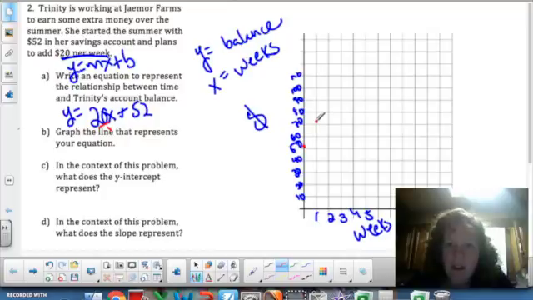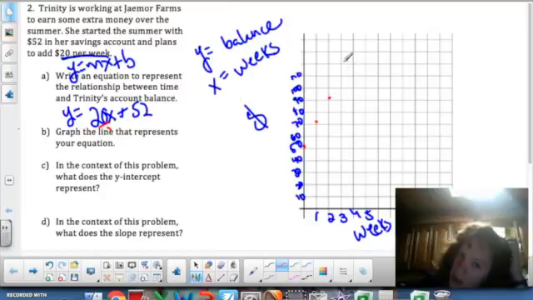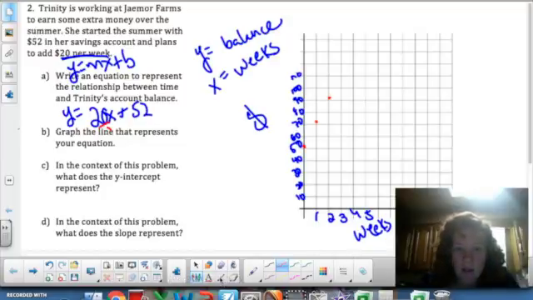If I do another point with my slope, I'm rising 10, 20, running 1. Again, in the context of this problem, that means at week 2, I'm up to $92. Well, she added 20 plus another 20, so that's adding $40 to my 52, and now I'm up to 92. You can continue on as long as you want, or you can go ahead and draw your line. Now, I'm real bad at drawing these lines by hand.